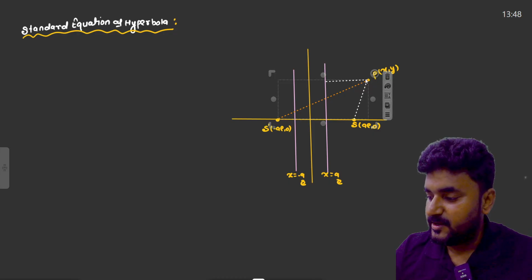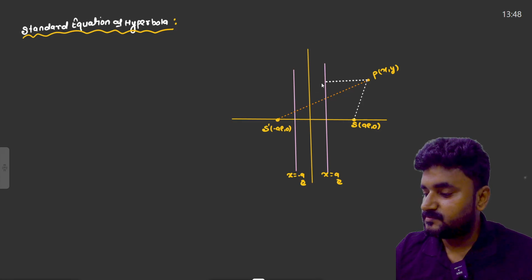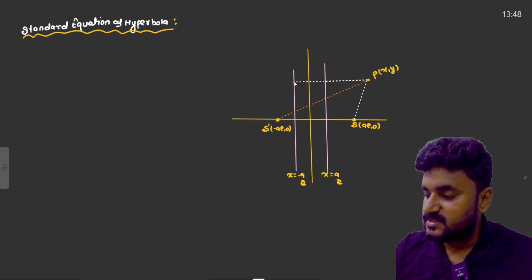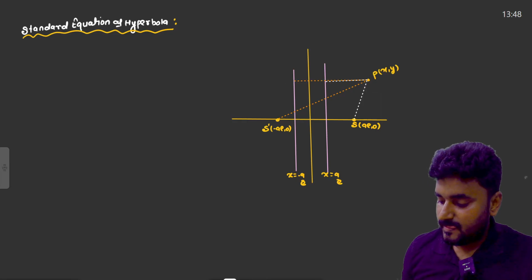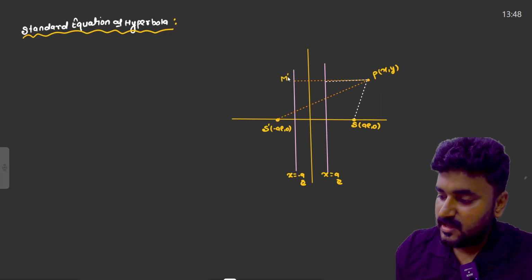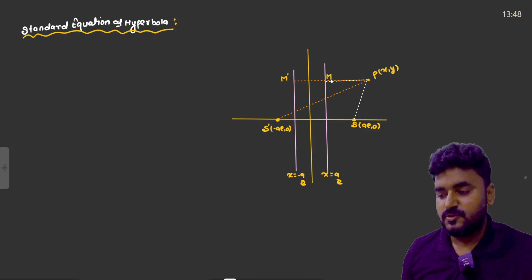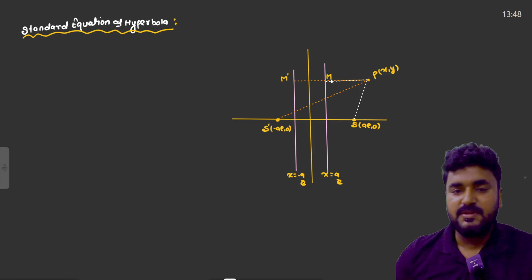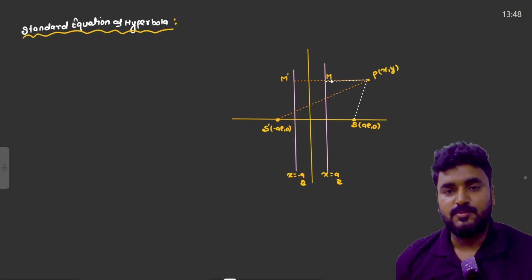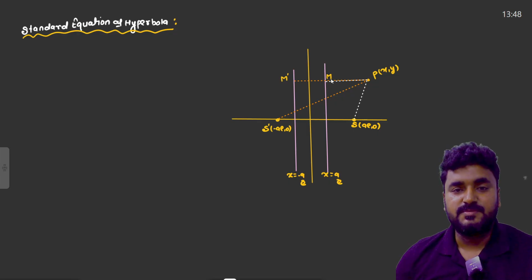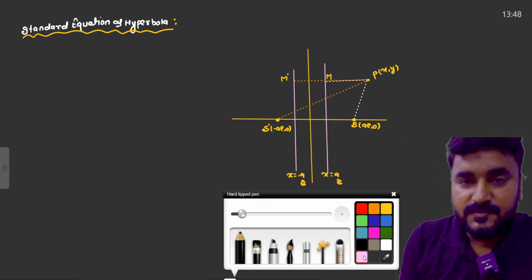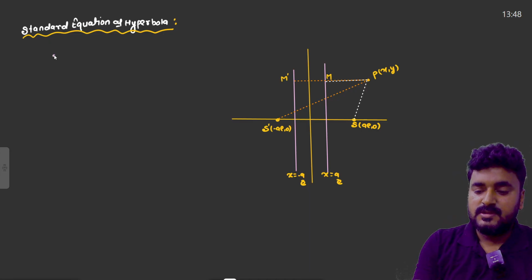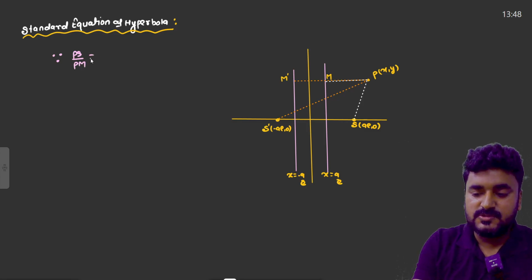Or this moving point to the second line, that is M dash, and here I am saying M. So your wish, you are taking PS or PM and we can find out the equation of hyperbola as you have done in the ellipse chapter also, right? So you know the definition of the conic section, that PS by PM is equal to constant E.